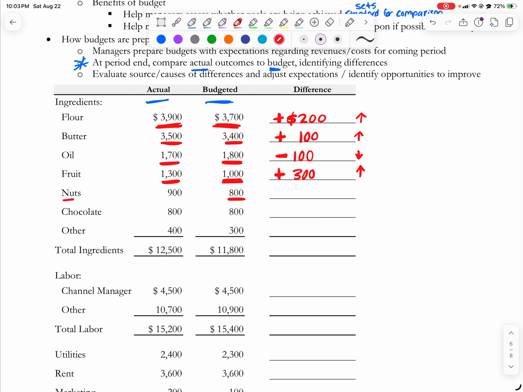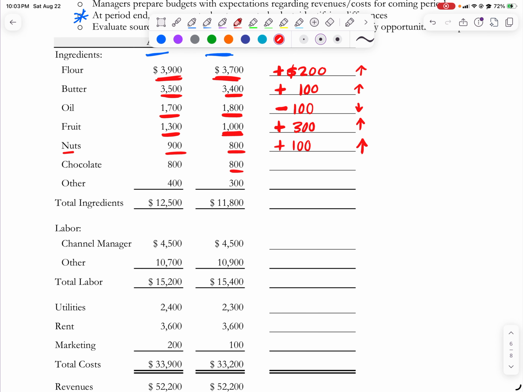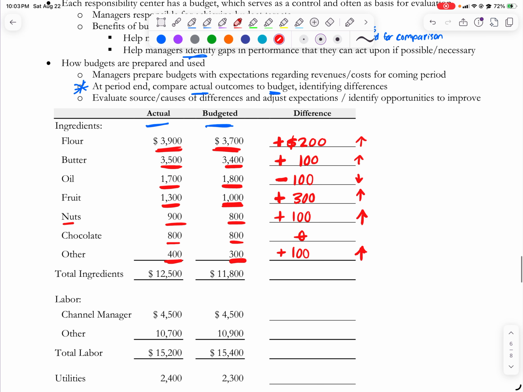Thought I was going to spend $800, ended up spending $900, so they were higher than I expected by $100. Chocolate. Thought I would spend $800, ended up actually spending $800, so there's no difference there. Other ingredients, thought I would spend $300, ended up spending more than that at $400. So those ingredient costs were $100 higher.